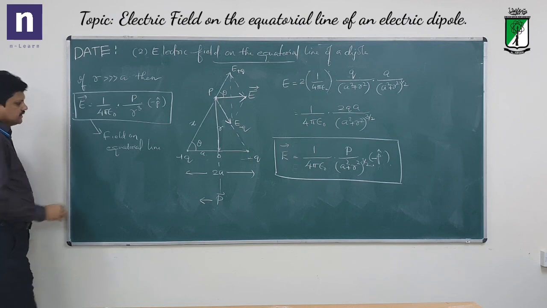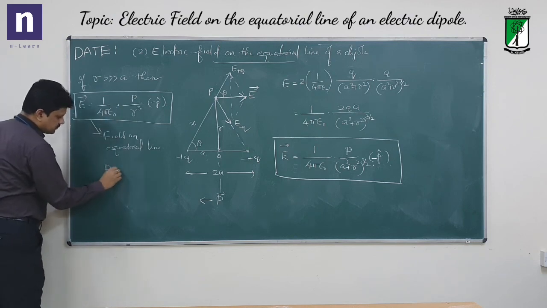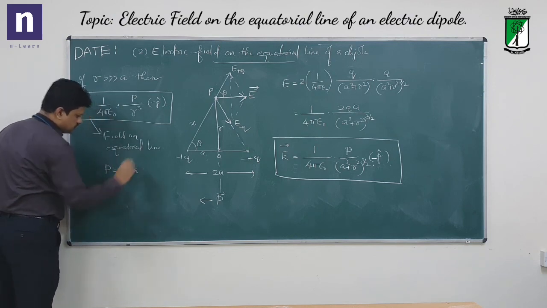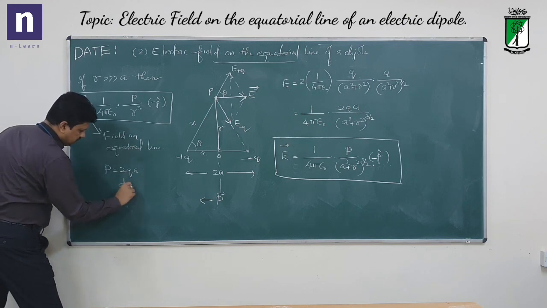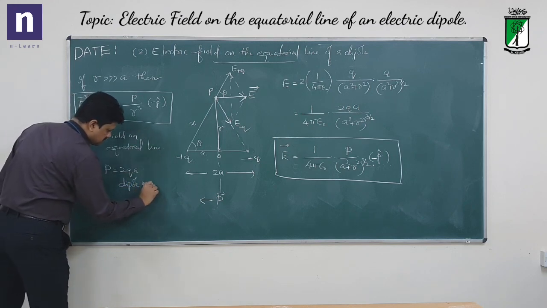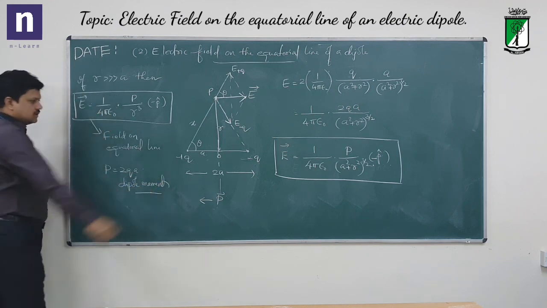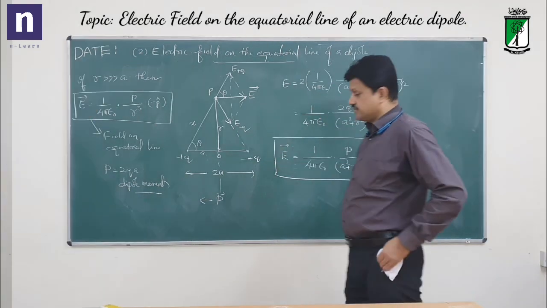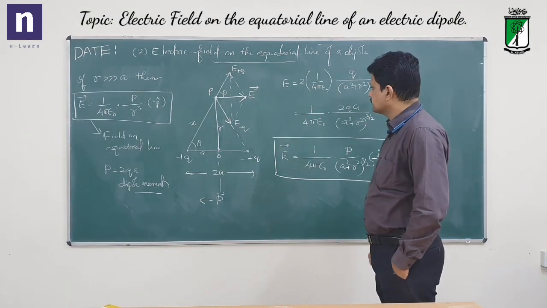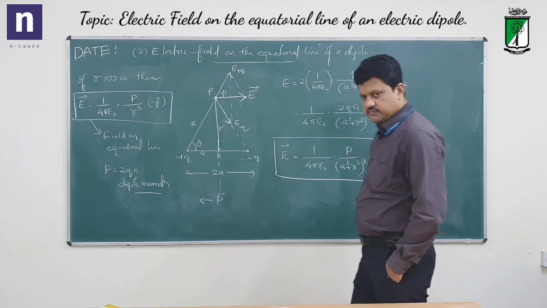And what is P here? 2qa is the dipole moment. So that's the electric field on the equatorial line of a dipole.